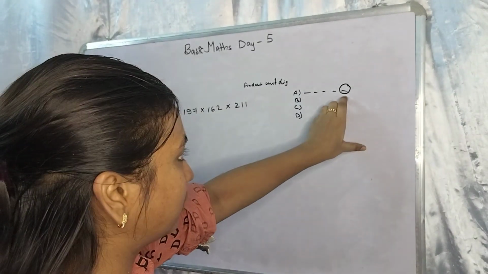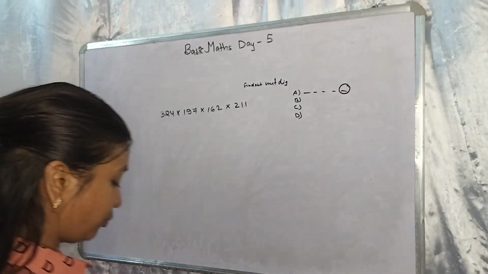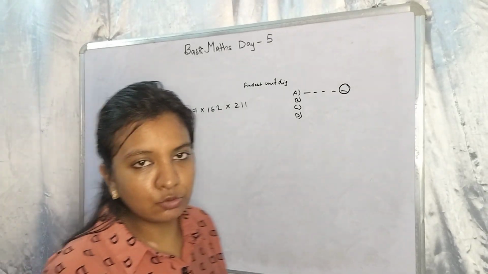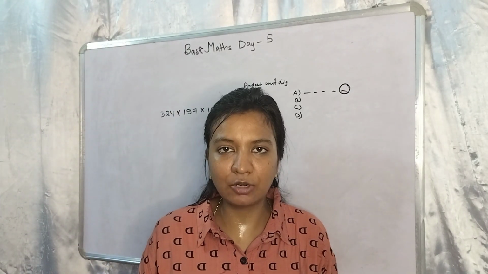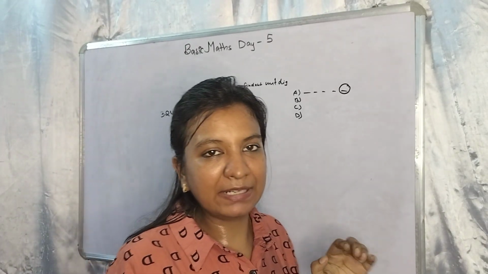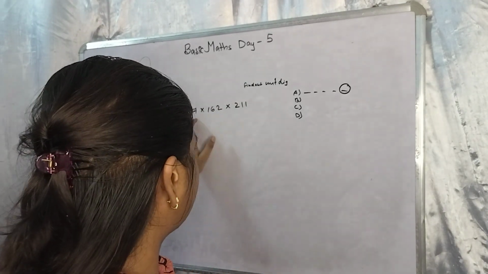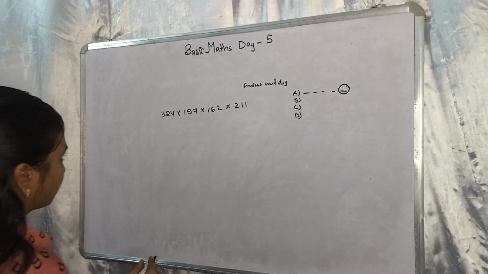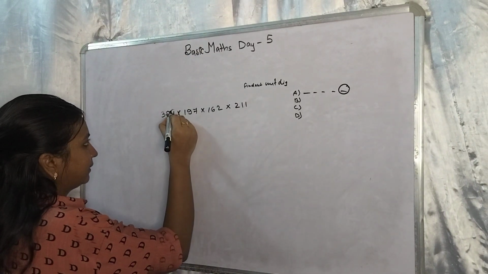So what you will do is you will take all the numbers in the unit digits and start multiplying. 7 into 4 is 28. Fine, 7 4s are 28. Now you won't multiply 28 with 2.